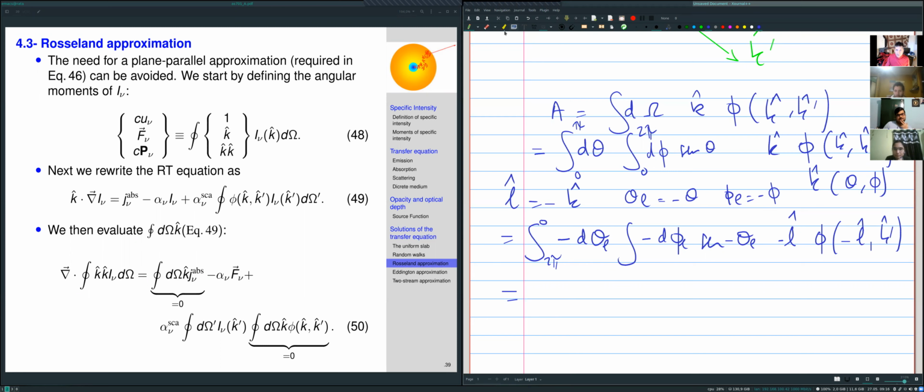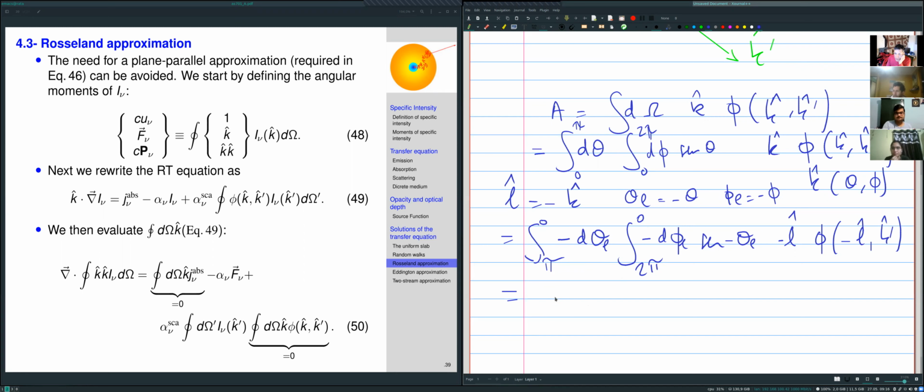Let me find the eraser here. And this goes from 2 pi to 0. Please interrupt me if I'm doing something wrong.